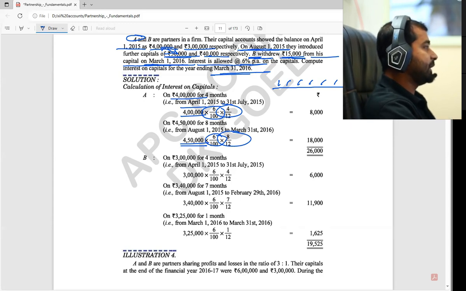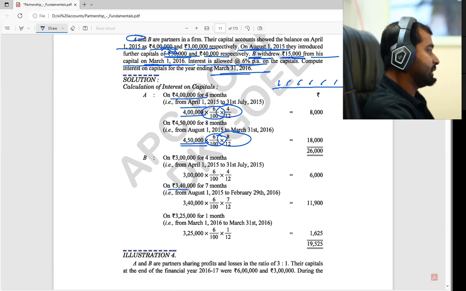But for B, first will be 7 months, that is 3 lakh plus 40,000 for 7 months, August to February. And this 15,000 was taken March 1.